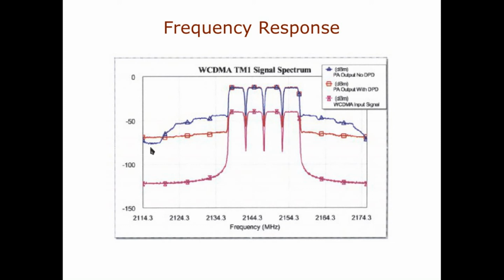You can see the change. The blue curve over here represents the power amplifier output alone without keeping any pre-distortion block. So you can see that in the block diagram that I showed two slides before, there is no pre-distortion network. So you can see the blue curve over here.